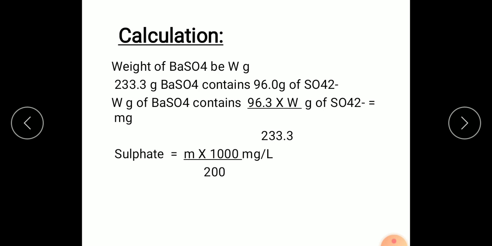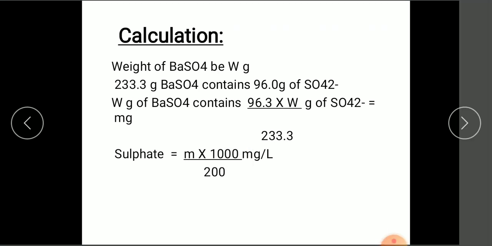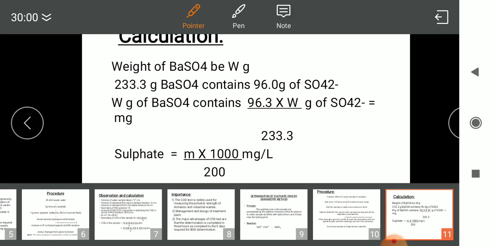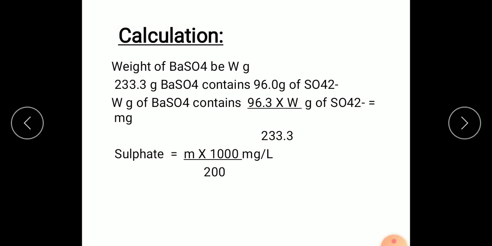That is, M we got into 1000 divided by 200. After substituting all these things, we will get the concentration, or the amount, of sulfate ions present in that water sample by this gravimetry method. So this is all about the determination of sulfate ions by gravimetry method.